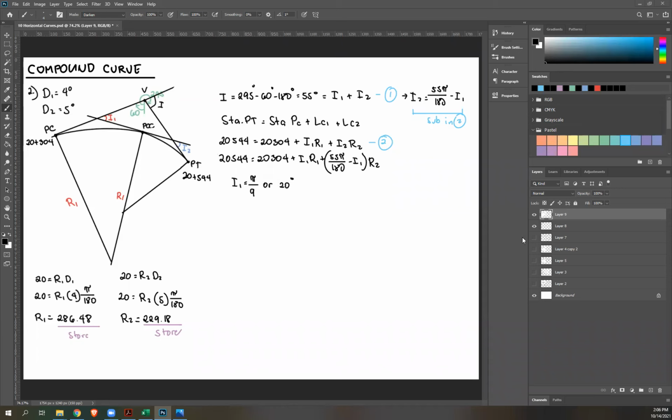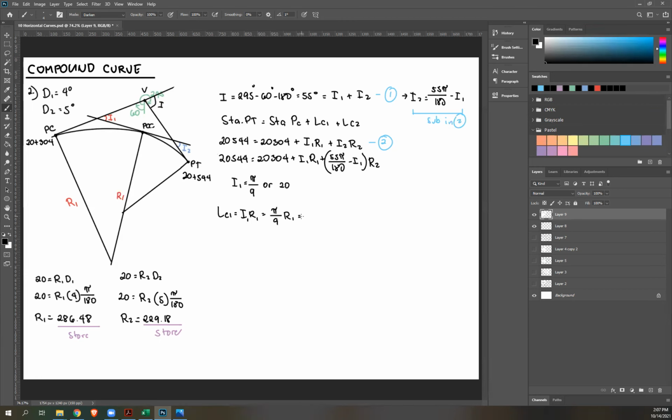Okay. So the reason you're gonna get I1 equals pi over 9, or for some of you got decimal, I think pi over 9 is 0.35. That's correct as well. That's in radians already. Okay? So now I got I. Let's solve for LC. LC equals IR. I already have the radian form of I. So LC1, I1, R1. So let's use pi over 9 times R1.